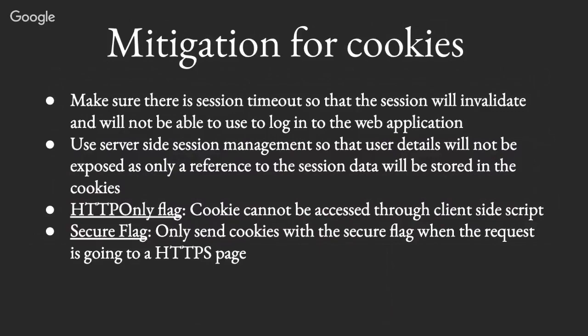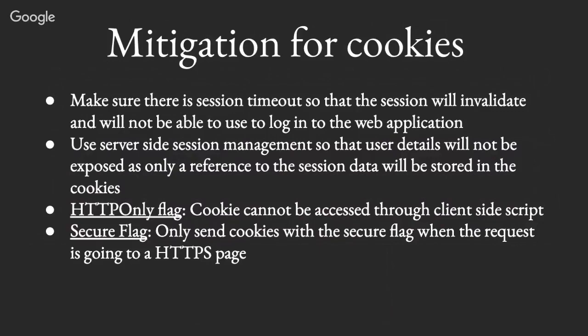So the HTTP only flag means that the cookie cannot be accessed through client-side script. Means that when just now I found out the privilege equal to 1, if you have this flag enabled, you can't even see that the privilege is equal to 1. It doesn't even send the cookie. Second, which I don't know whether you all will find it effective, because most of your web apps will be in HTTP instead of HTTPS.